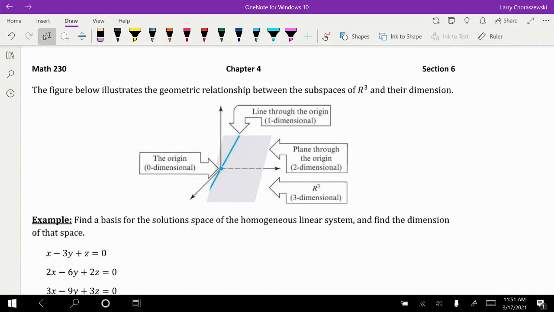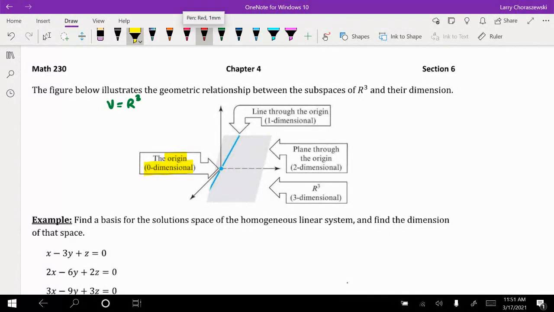So we're going to look at some of those subspaces that can be formed in R3 and tie in their corresponding dimensions. So it's important to note here that our vector space V is equal to R3, and R3 has some subspaces. The very first is the origin, or the 0 subspace, which we learned on the last page is 0-dimensional.